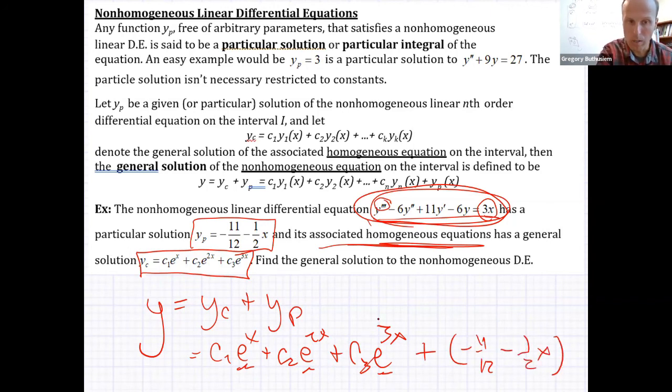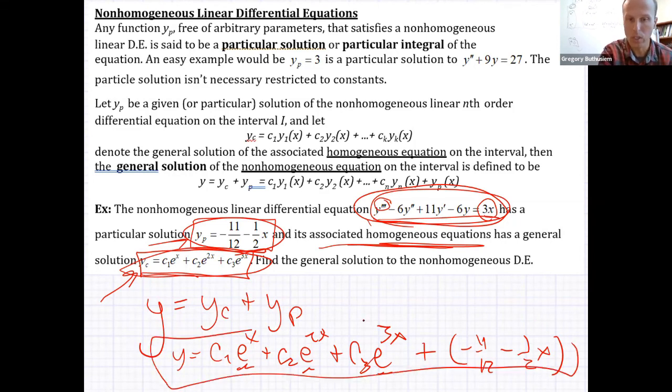Combine those two parts. How we find them, that's what we need to learn. That's what this whole chapter is all about, learning how to find these things. But if we knew how to find this piece and this piece, this comes from the homogeneous, this comes from the non-homogeneous, we put them together and that whole thing is one giant solution to this differential equation.